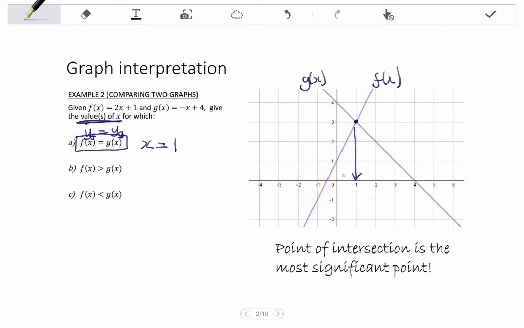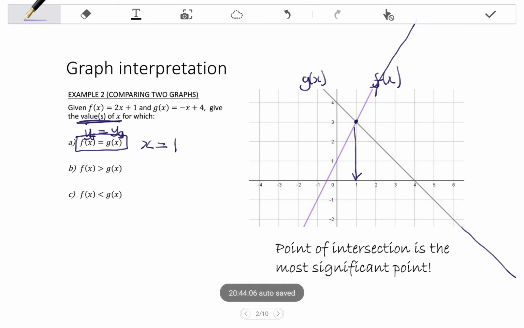But at x equals 1, things change. The graphs cross over, and after x equals 1, f of x is above g of x, which is what I'm looking for. And where does that change? Knowing that this graph continues forevermore and this graph continues forevermore, it means that for any part of the graph greater than 1, where x is 1, f of x will be above g of x.